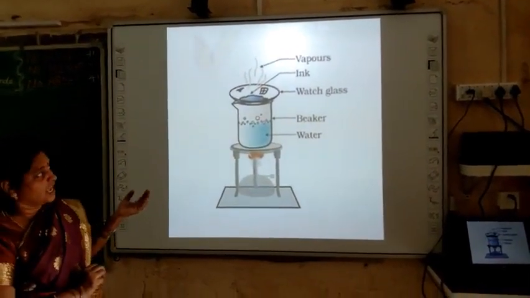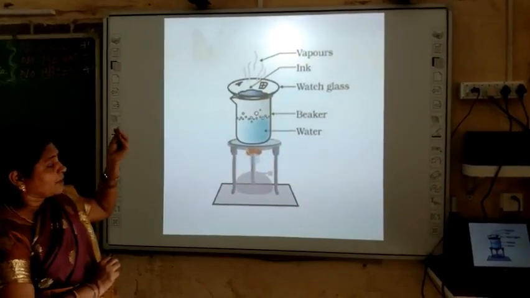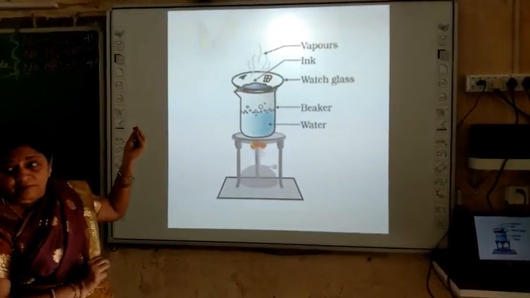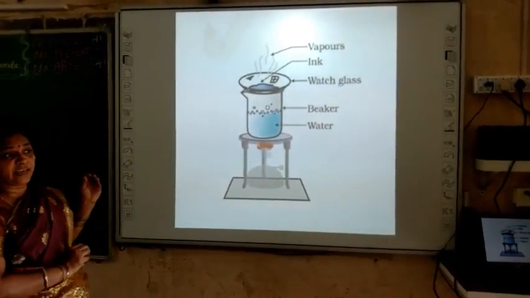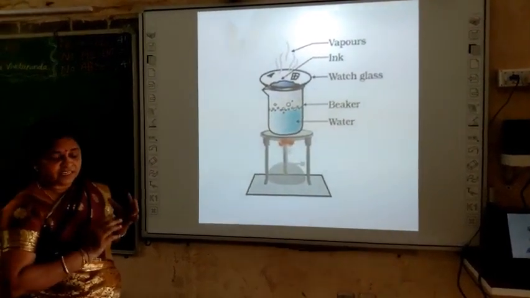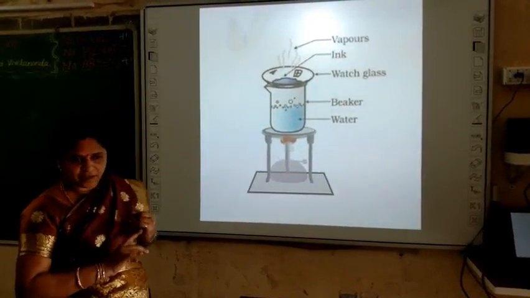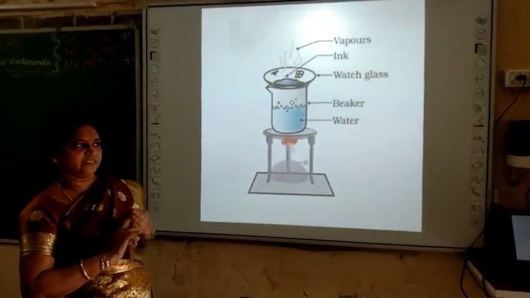Already we learned that. At that time, the water becomes vapor. So the vapor is in which state? Gaseous state. So matter is present in three important states. What are they? Solid, liquid and gas.